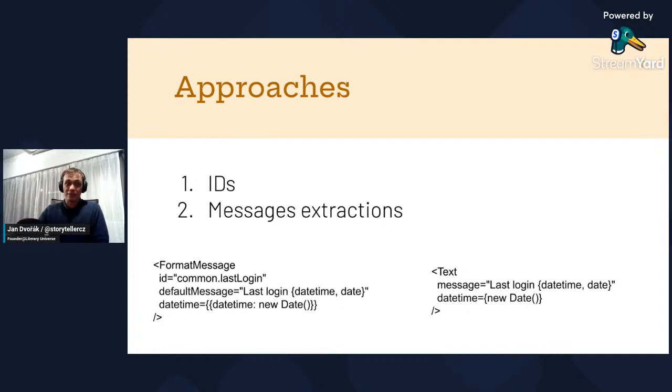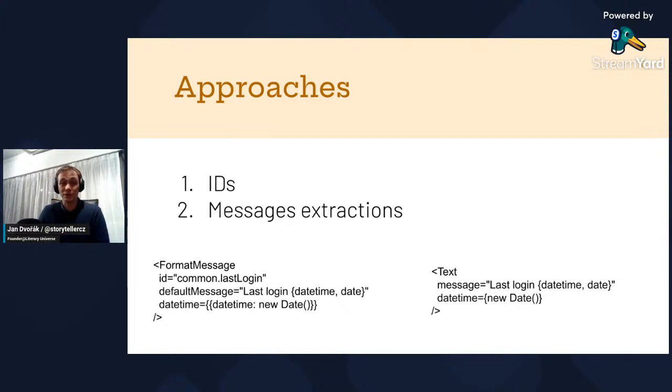So that's that. And I think it's much easier to reason around the ID approach, and then you can potentially separate it into different sections and load only specific parts of the translation file as you need it.